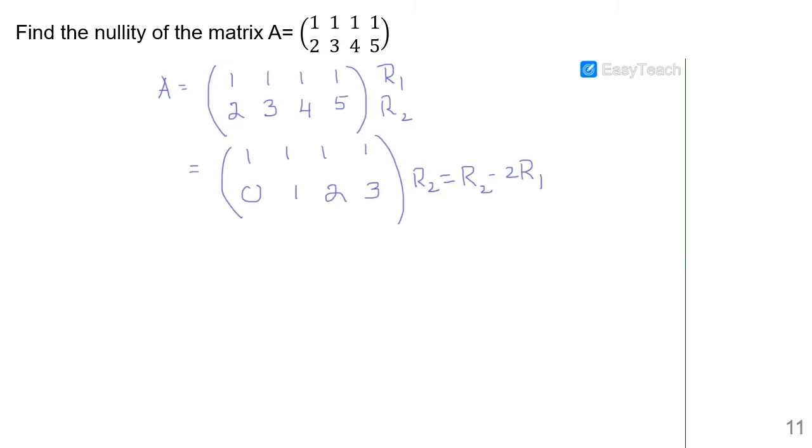In this case, we can observe here both the rows are present after reduction. Therefore, the rank of this particular matrix is 2. So I can write here rank of the matrix is equal to 2.